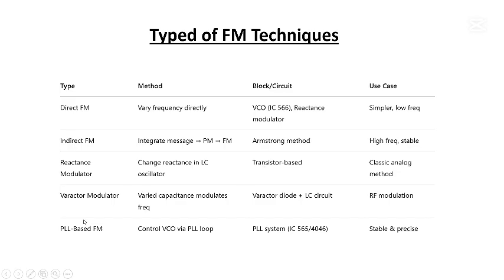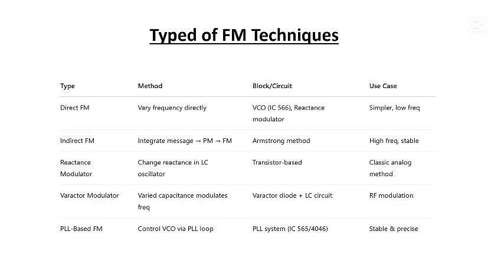Similarly, we can also do frequency modulation by using phase locked loop based frequency modulation. Majorly the phase locked loop is used in demodulation of the FM signal, but you can also use the PLL in the modulation of this wave.